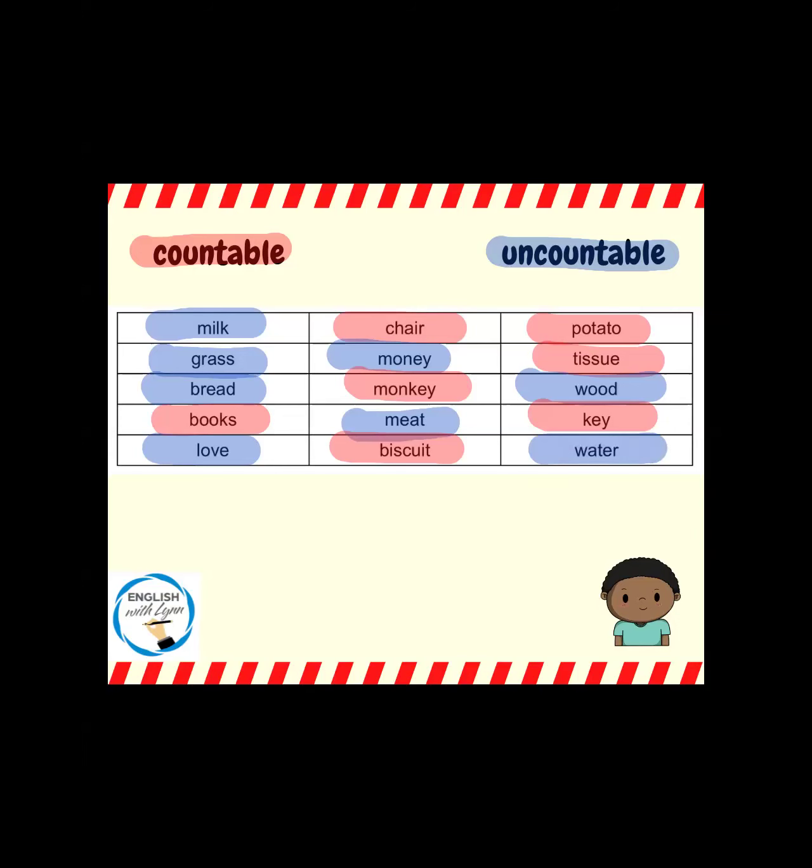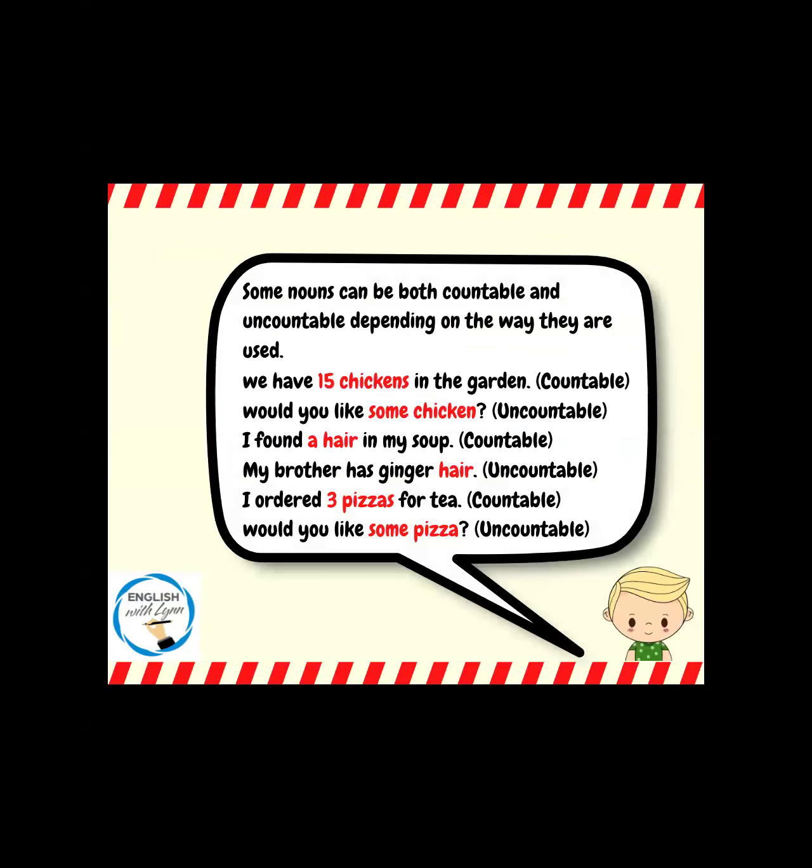Now, countable and uncountable nouns can be particularly confusing because when we use them, it will often depend on the situation. So some nouns can be countable and uncountable, depending on how you are using them.